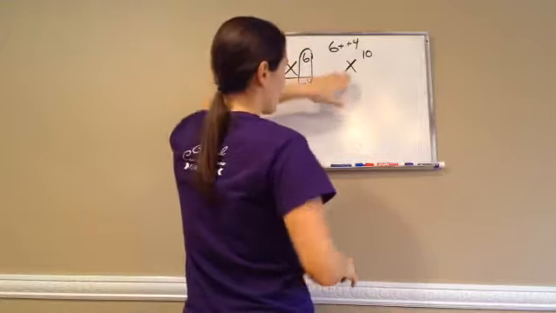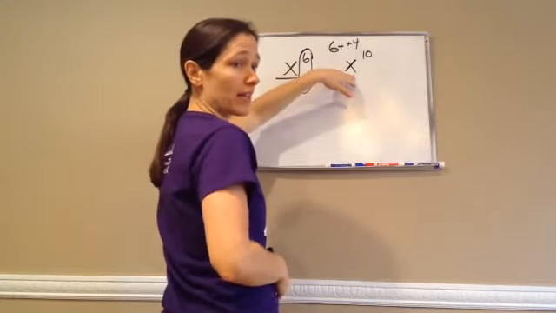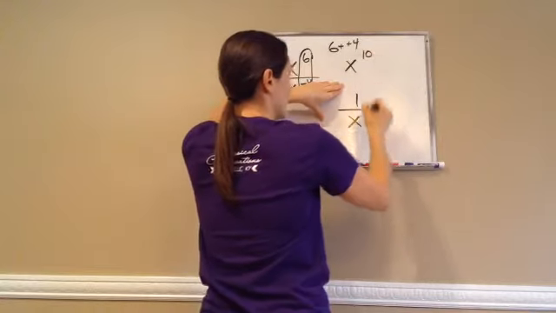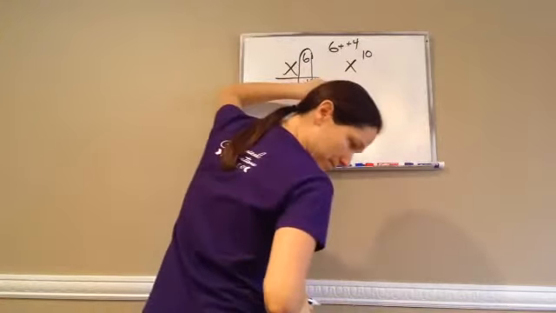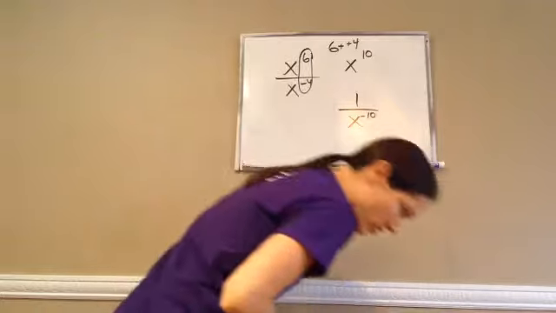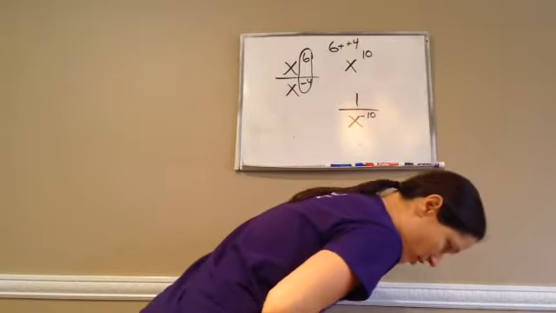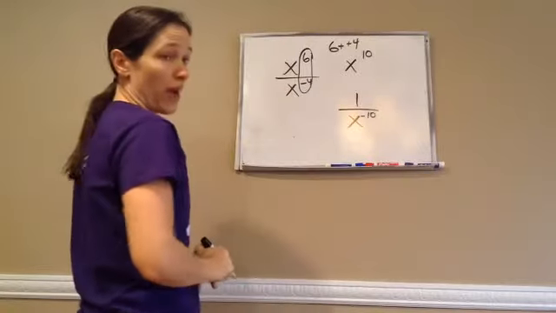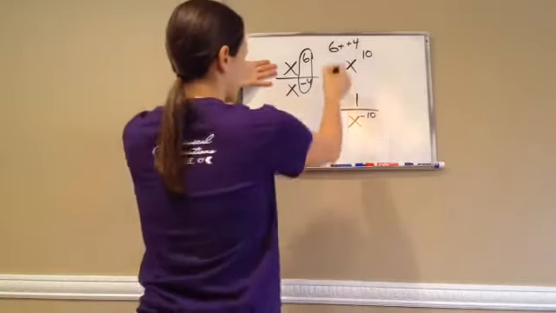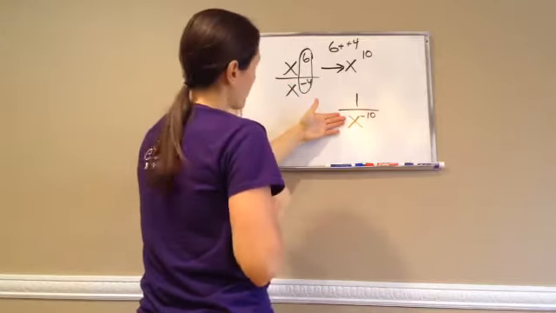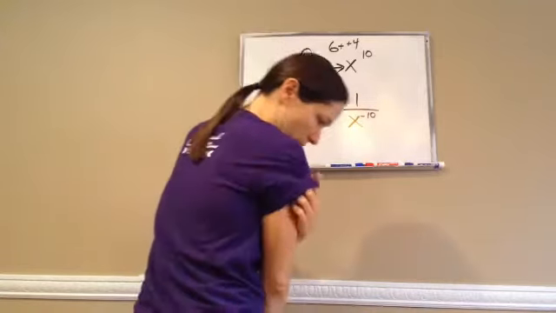Okay, but what if I told you I needed it to be in the denominator? 1 over x to the negative 10. See how we did that? Yeah. Okay, and they actually said on this one to answer it and put it in both ways. So either way, we answered it in that first, and then they wanted it in this as well. So they told us to answer it in both ways.